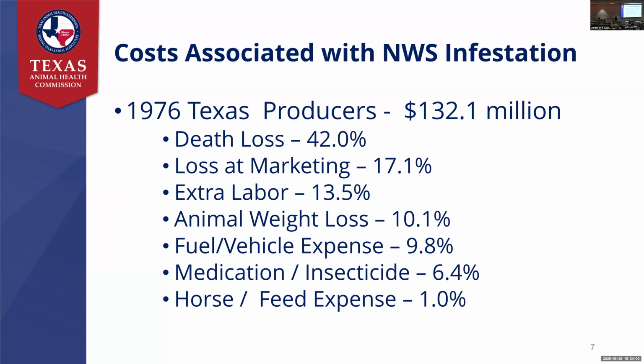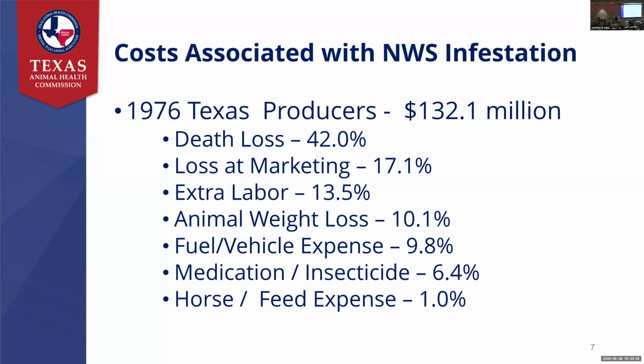So I look back at some of the commission meeting minutes from the New World screwworm outbreaks in 1972 and 1976. I haven't made it through the '72 minutes just yet, but I looked at '76. There were 173 affected counties in the state of Texas at that time.